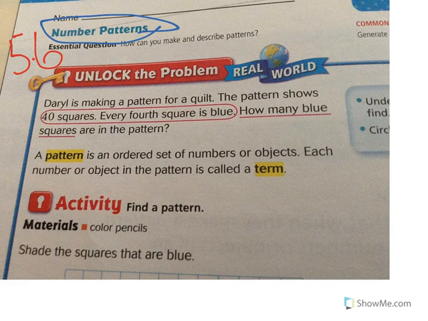Daryl is making a pattern for a quilt. The pattern shows 40 squares, and every fourth one is blue. How many blue squares are in the pattern? We're starting with 4, that's our starting number, and every fourth number, so I'm really looking at my multiples of 4. So 4, 12, what's 4 times 4?